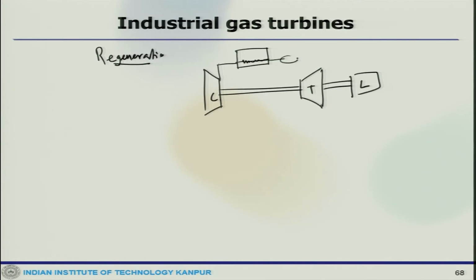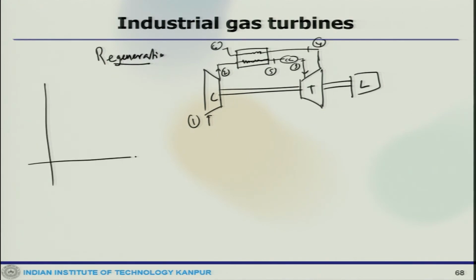It goes to the combustion chamber, and then this goes back and comes here, and goes out. So, the air comes in at 1, this is 2, this is 5, this is 3, 4, and this is 6.